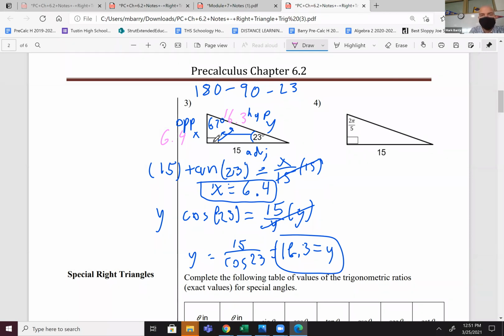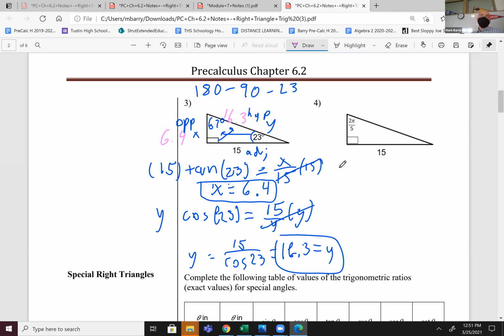So obviously 90 degrees is our biggest angle here, and if you go across there, the hypotenuse 16.3 is the biggest side, correct? That's good. 23 is our smallest angle, and if you shoot across there, 6.4 is our smallest side. That's good. And then 67 goes with 15 as our middle angle and middle side. That's always a good check. Make sure you're doing it right, okay?